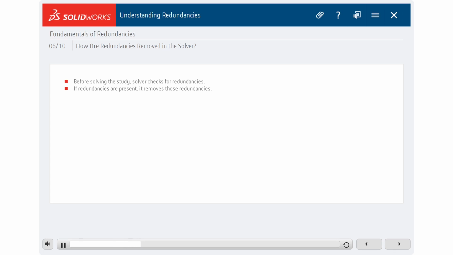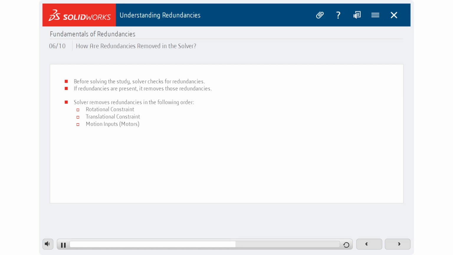There is a certain hierarchy by which redundancies are removed. The solver will remove redundancies based on the following order. 1. Rotational constraint. 2. Translational constraint. 3. Motion inputs, motors. According to this hierarchy, the solver first looks for rotational constraints that can be removed to eliminate redundancies.